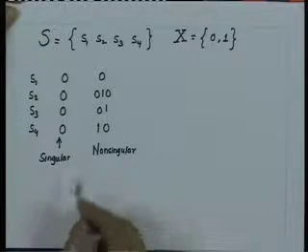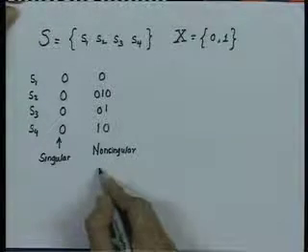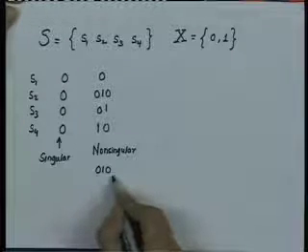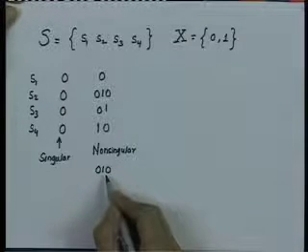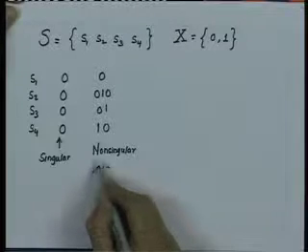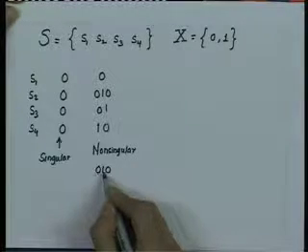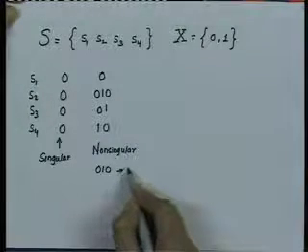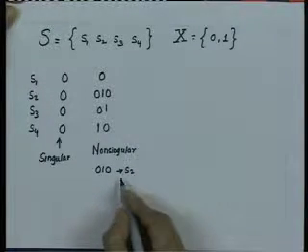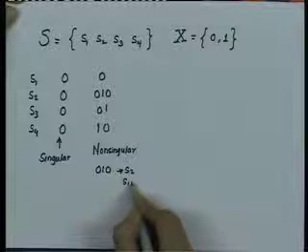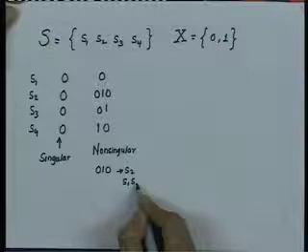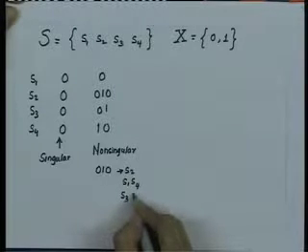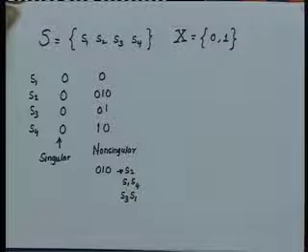but when I receive 0, 1, 0, then I am not able to decode it in an unambiguous manner, because 0, 1, 0 could either correspond to S2, or it could correspond to S1 followed by S4, or it could correspond to S3 followed by S1.